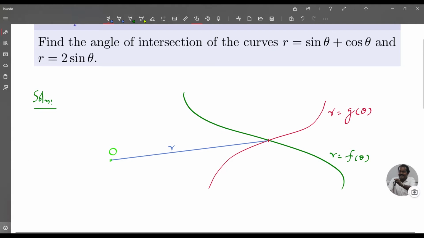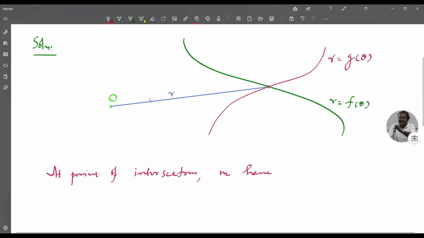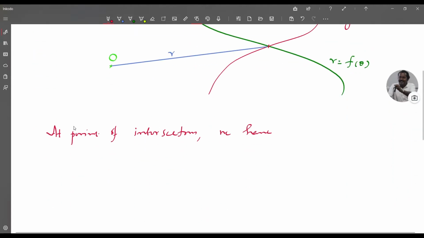Therefore, at a point of intersection we have the radius is the same, so sin theta plus cos theta equal to 2 sin theta, equating these two curves.